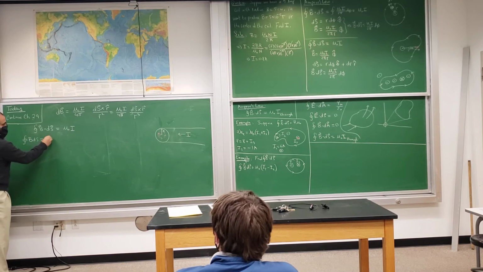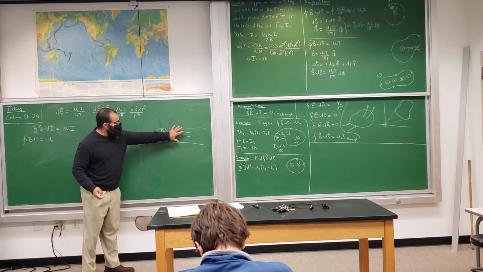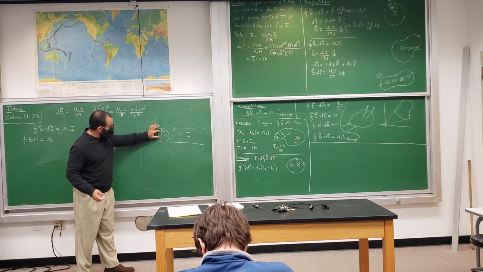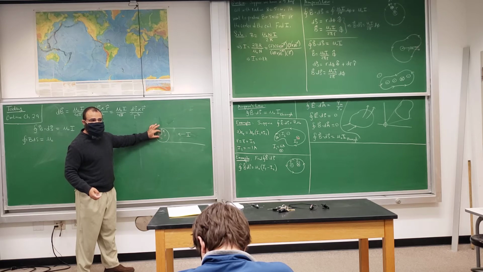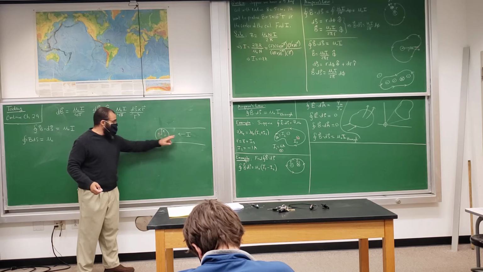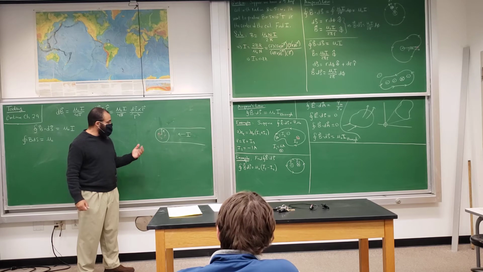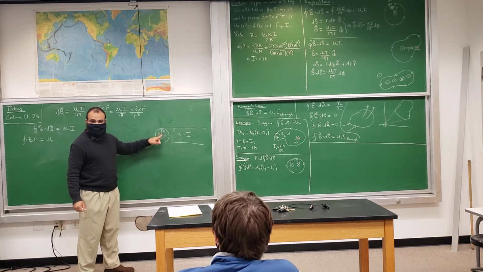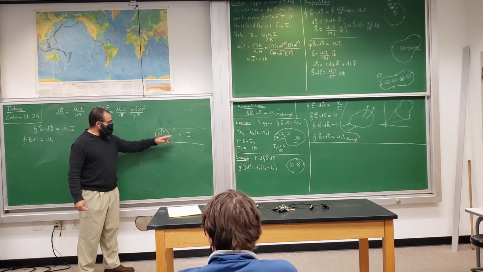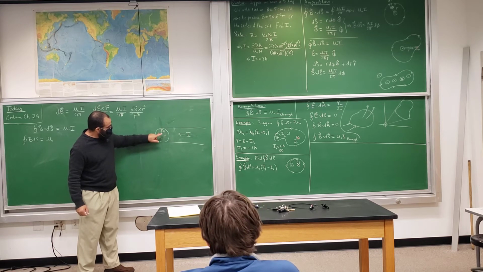On the right hand side, I have mu naught times the current through, the current that leaves. I don't have the entire current, I have just a portion of it, this portion, right? If I draw my loop around the entire wire, then the current through will be this whole I. But I don't have the entire I. How much of it do I have? Well, the current density will be the current divided by pi capital R squared, but the area that I have is not the entire area, just pi little r squared.